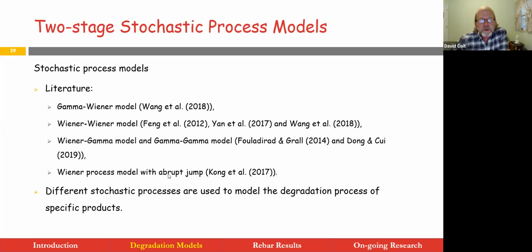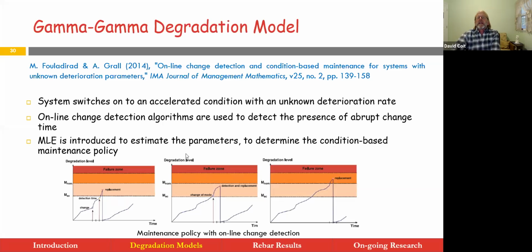So there's many of these models, but we're looking at ones that are referred to as two-stage stochastic process, and specifically a gamma. In other words, the first stage has a gamma process, second stage has a gamma process. Based on everything we've learned and data analysis, this seems to be the appropriate model. And here's a reference. Don't know if it's the first one, it's just a particularly good reference on a gamma model.